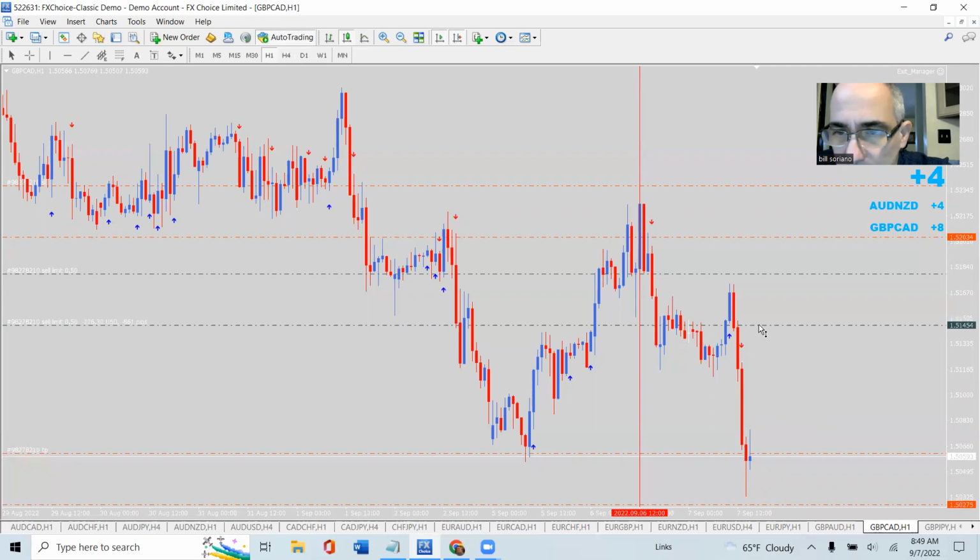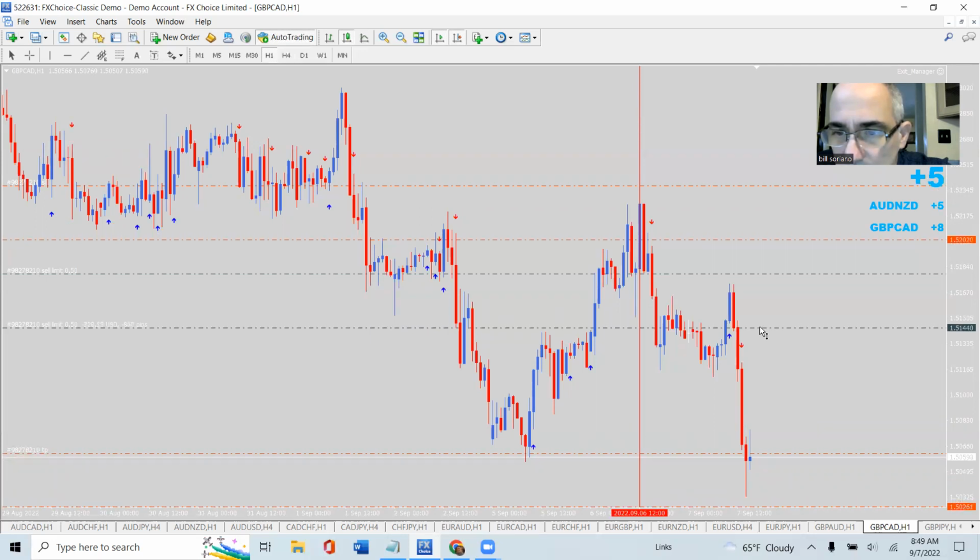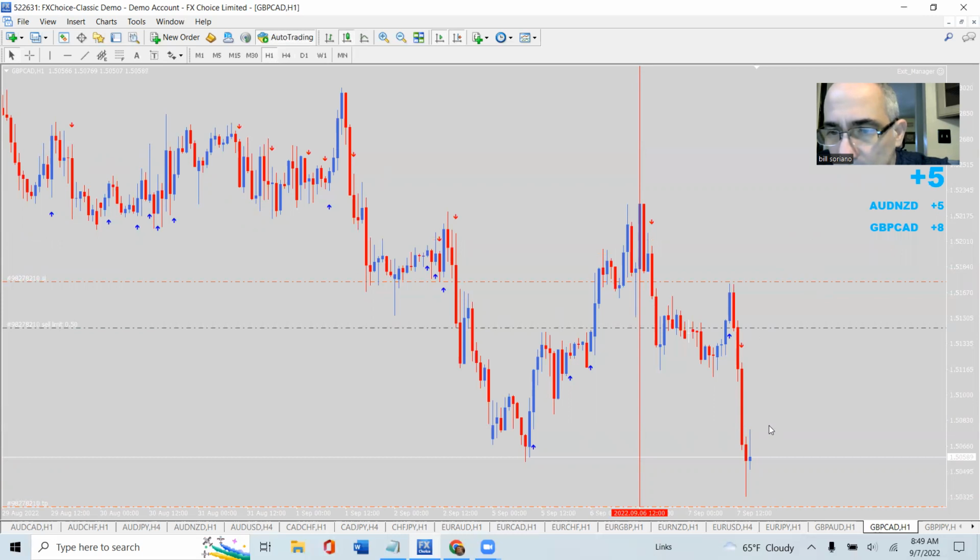And I'm going to give myself a little bit of slack on this one. Right? So now what I've done, I put a sell limit order right here. My stop loss is just going to come here to the top of those wicks. So I'm going to look for this to hopefully flag back up to this area here and then continue dropping.